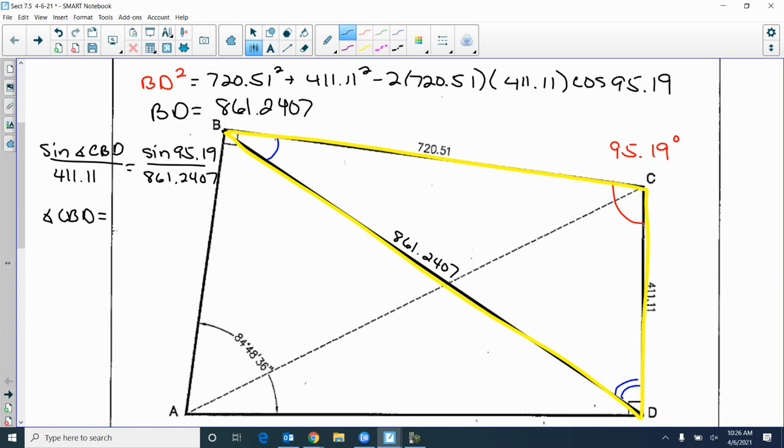All right, so angle CBD up there. Now 4 decimal places.